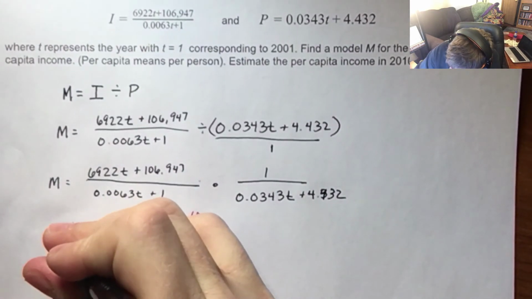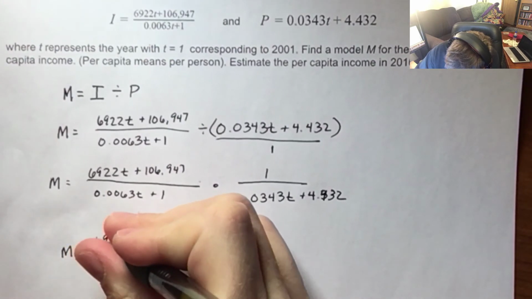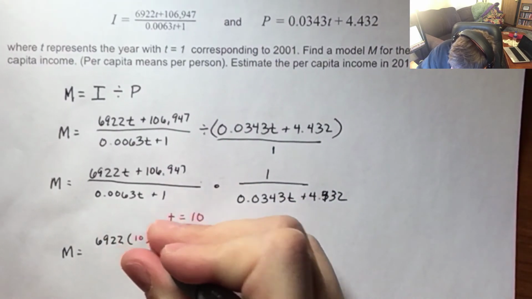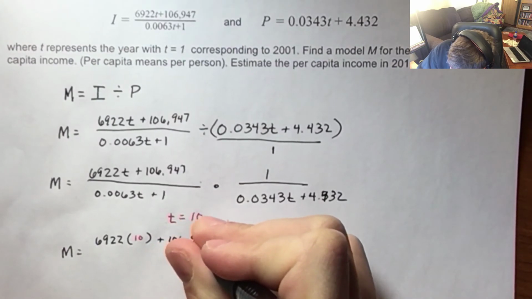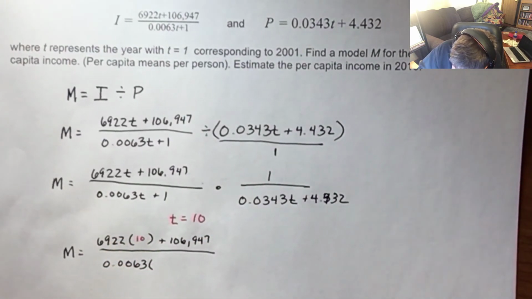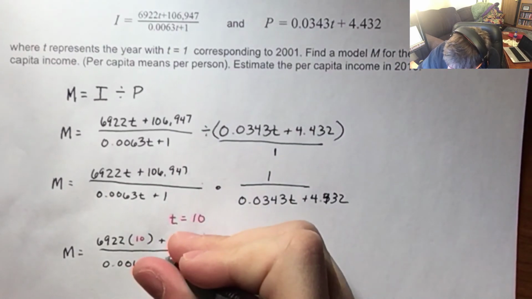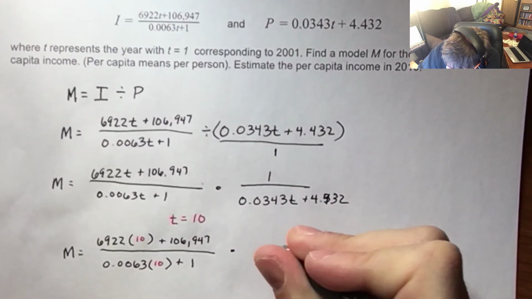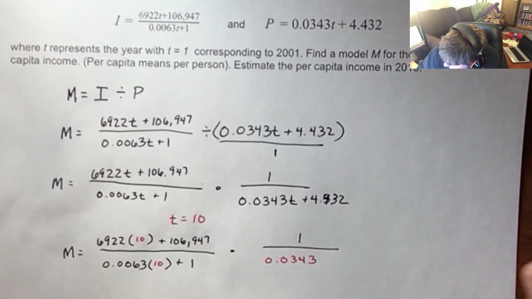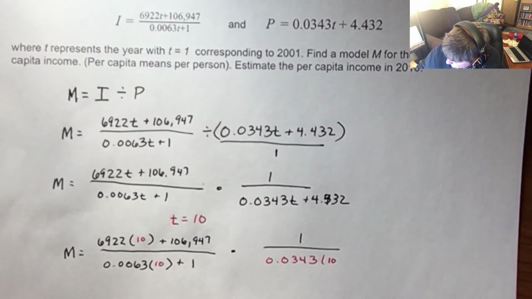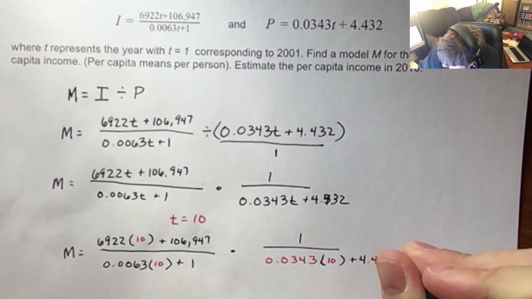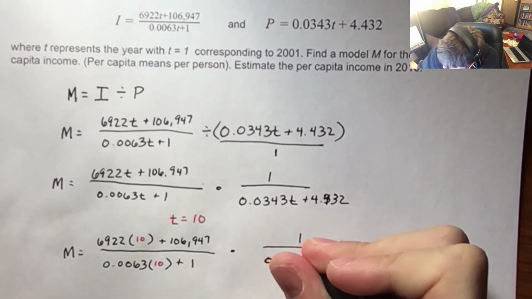So our model is going to be 6922 times 10 plus 106,947 all over 0.0063 times 10 plus 1, and we're multiplying it by 1 over 0.0343 times 10 plus 4.432.